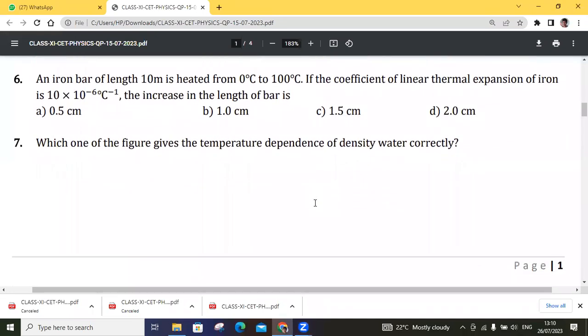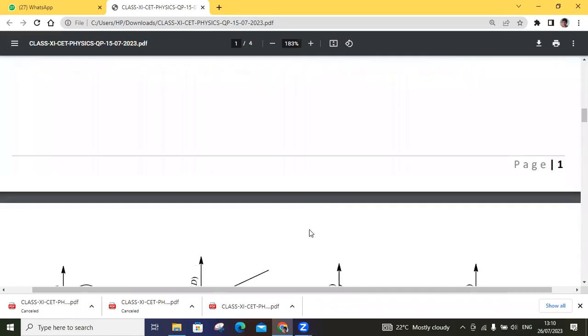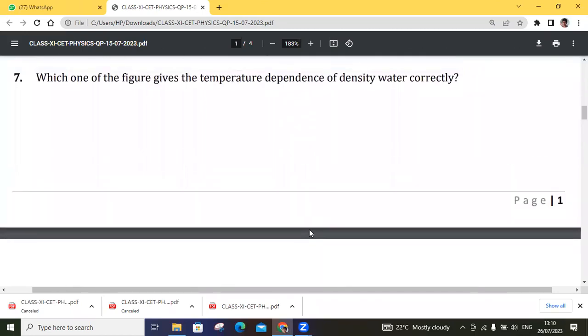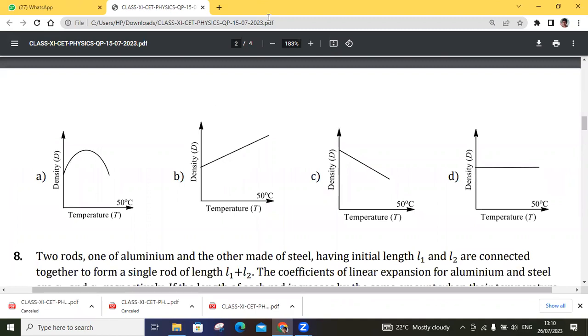Which one of the figure gives the temperature dependence of density of water correctly? So as temperature increases, it expands actually. So volume increases, so density should decrease as temperature increases. So there is a general case. So for water, as temperature increases, density should reduce.